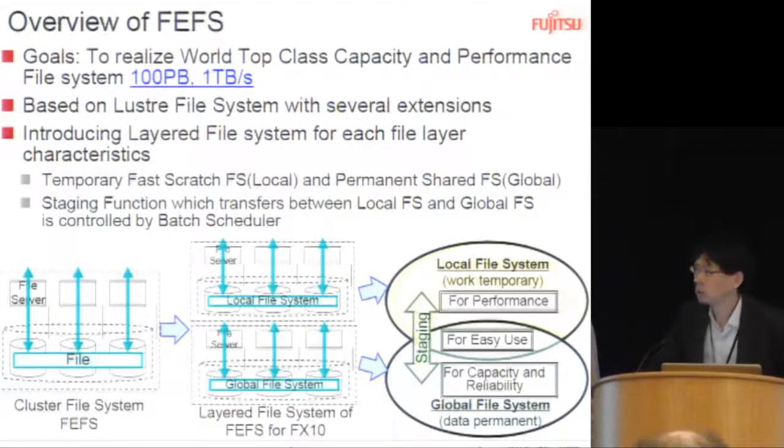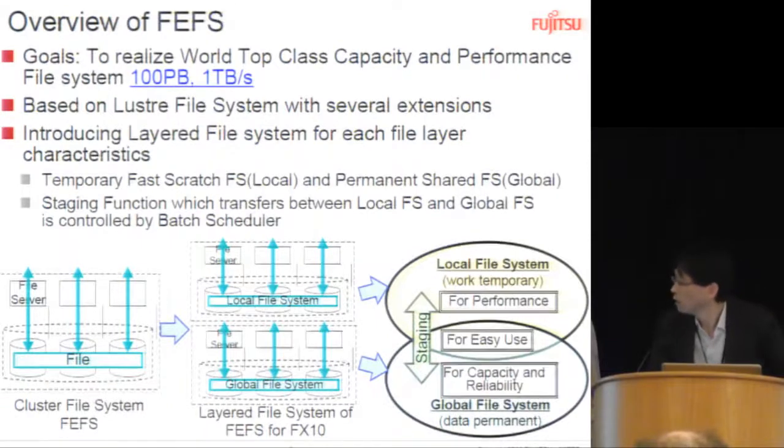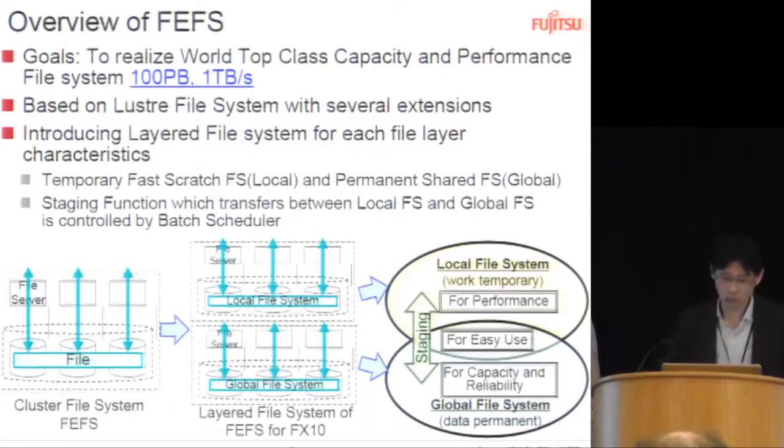Our goal is twofold: one is a fast file system, and the other is capacity and reliability. So we introduced a layered file system, with each layer having its own characteristics.